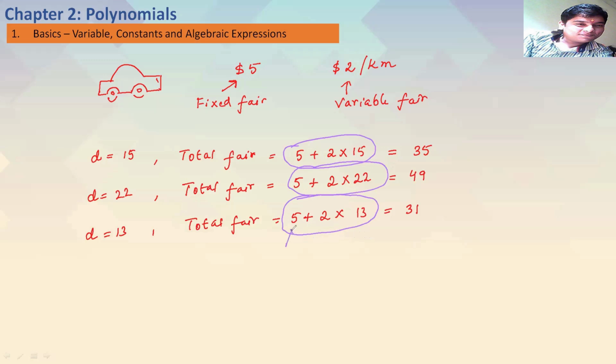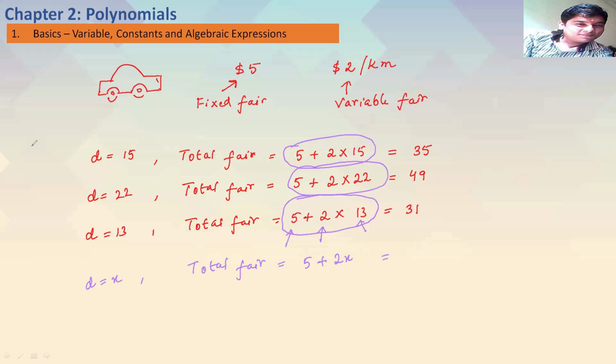This is fixed, and this is variable. In case the distance is x, what will be the total fare? It will be 5 plus 2 into x, 5 plus 2x.